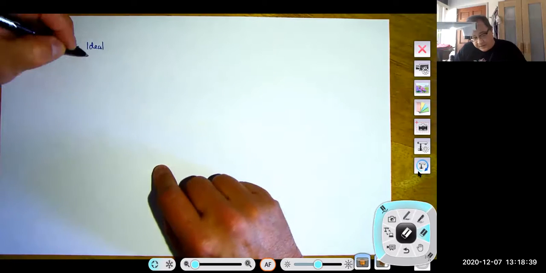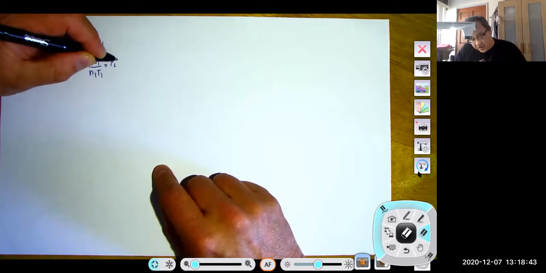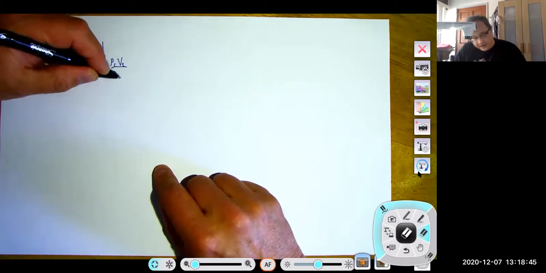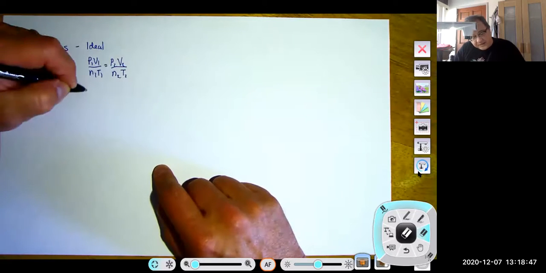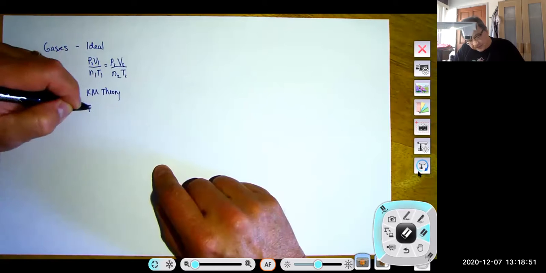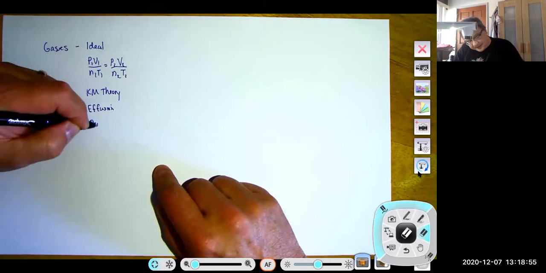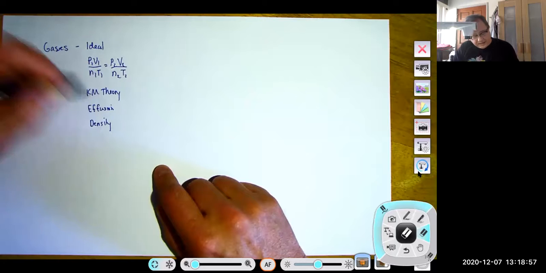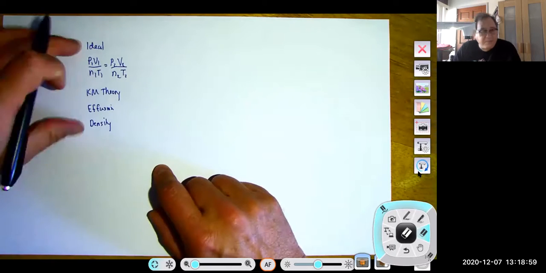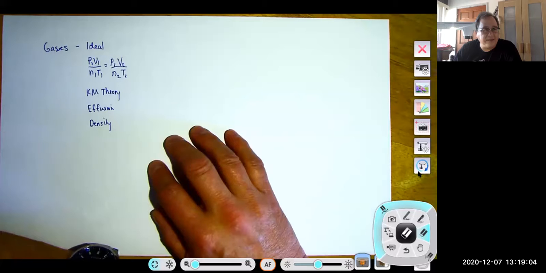You've got the P1V1 over N1T1 is equal to P2V2 over N2T2 stuff. You've got the kinetic molecular theory. You've got effusion. You've got density. And these are probably the big topics that are involved in the gases.